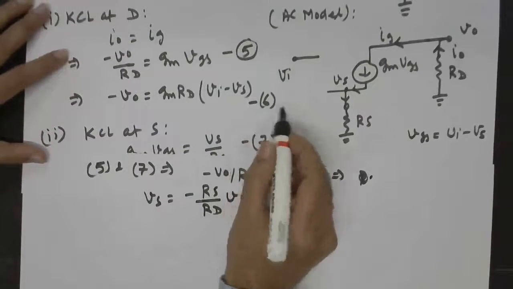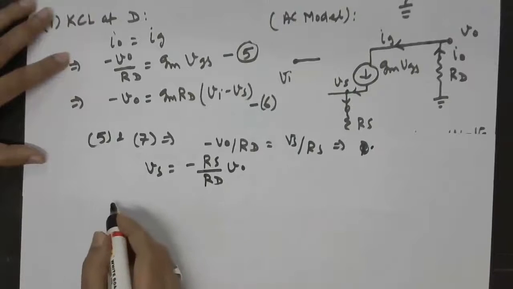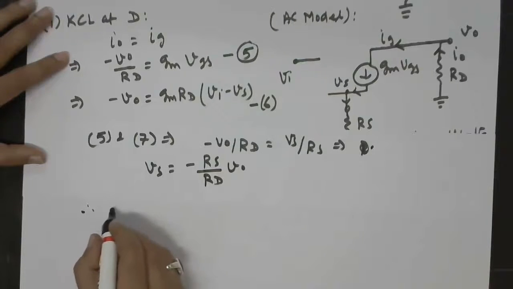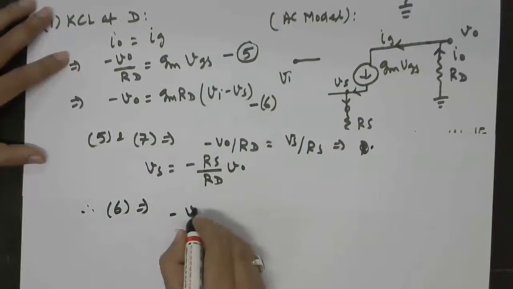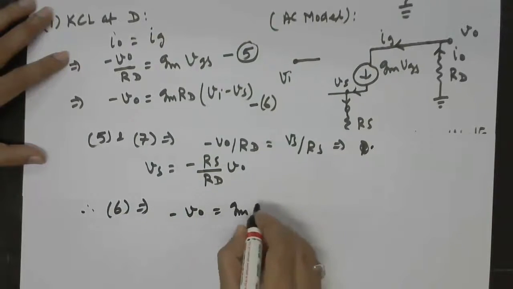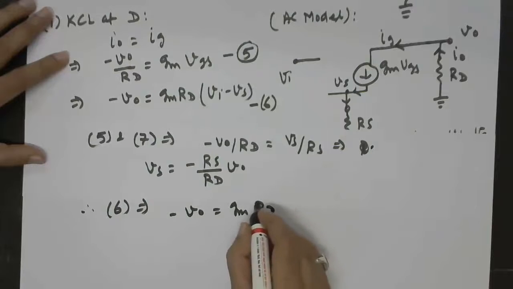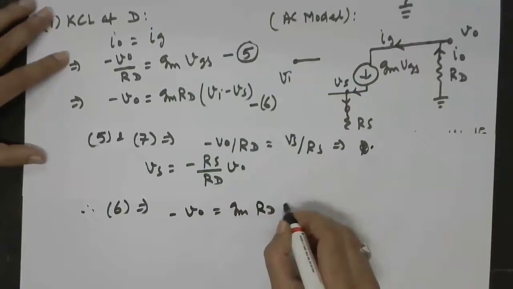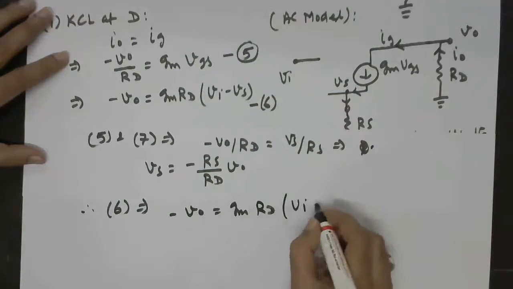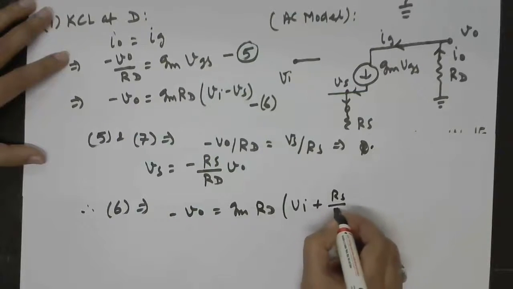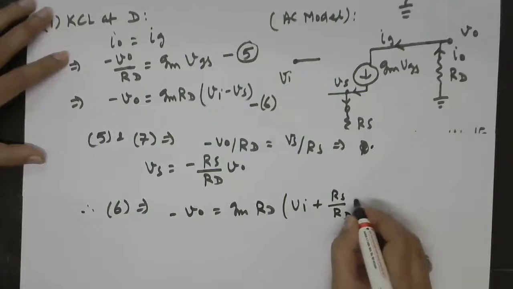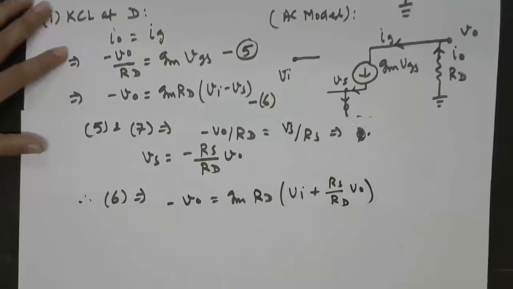So this we can substitute in equation 6. Minus Vo equal to Gm Rd into Vi plus Rs by Rd Vo.